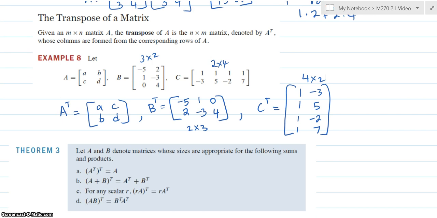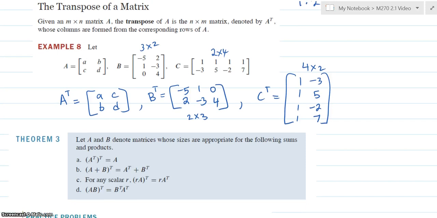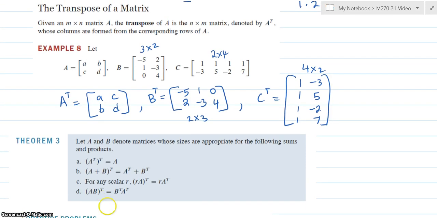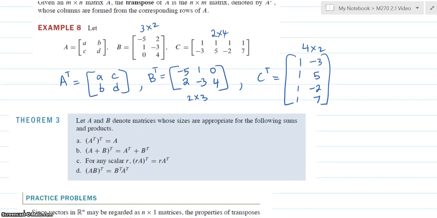Here are all the properties for transpose. The transpose of the transpose, that could be easily shown, is the original. That makes sense. And if you add two matrices and take the transpose, that's easy to show. That is the transpose of each. Take a scalar, you could just take it out. But D is kind of interesting. If you do the transpose of the product of two things, you can kind of see that from the mappings we did in the beginning of this section about the composition of functions with matrix multiplication of our standard matrix.